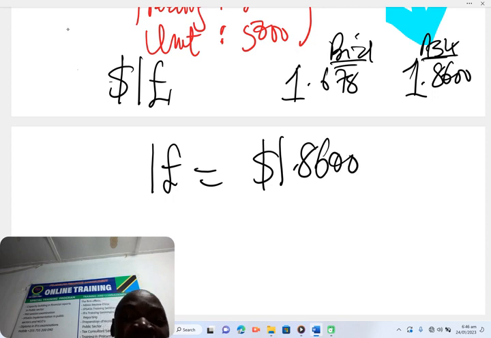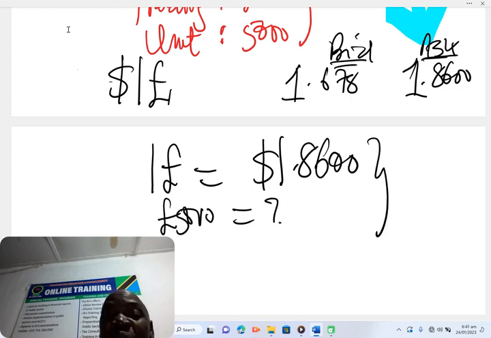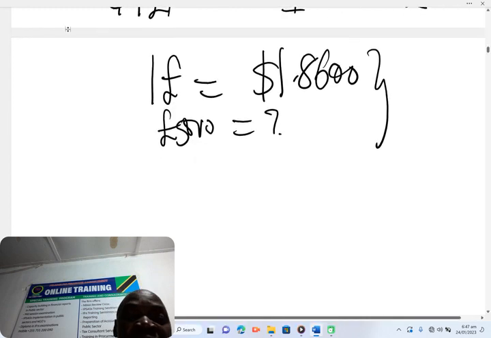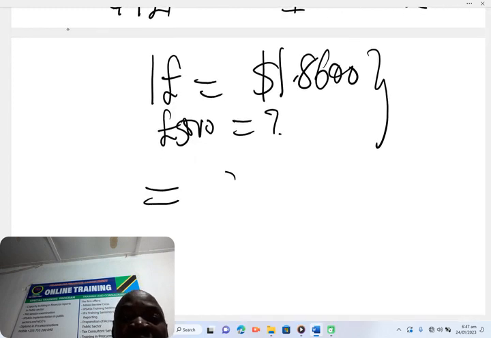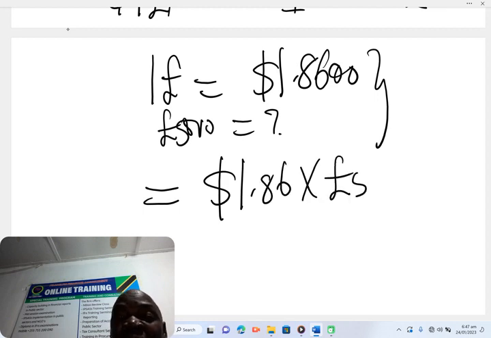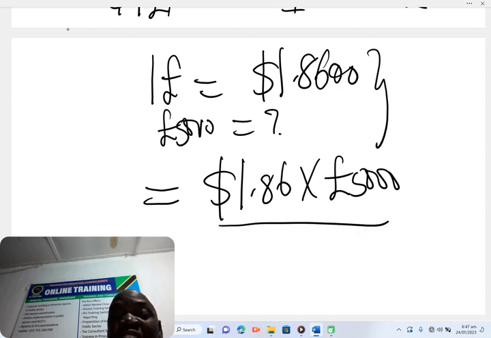We're having £5,000. How much is a transaction? So compute it. So it is $1.86 times £5,000 divided by £1. How much you get there?